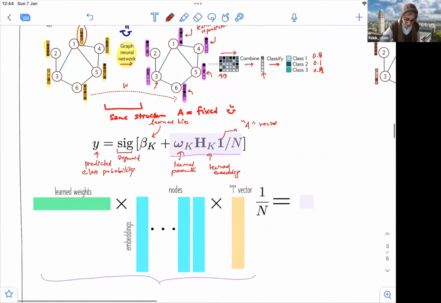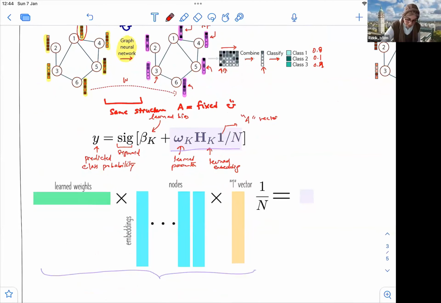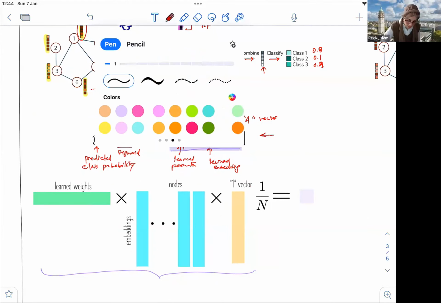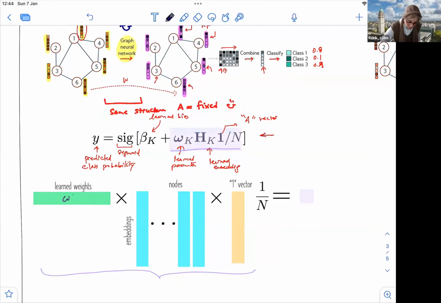So here we have our mapping function of the neural network. The neural network takes in what we call the learned weights. These are the learned weights of the whole network at the last layer. So this is our W, okay?